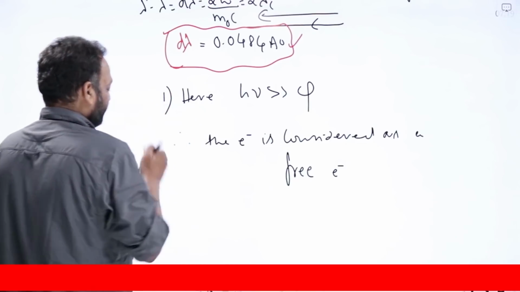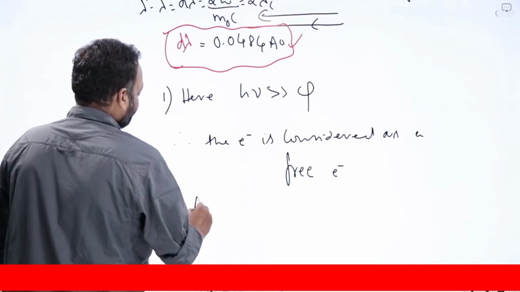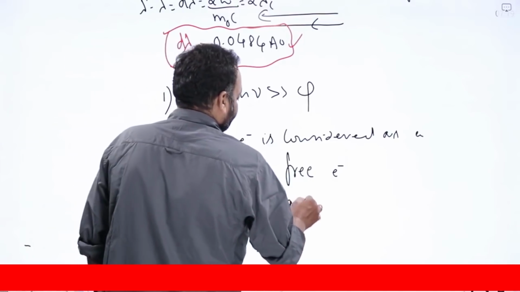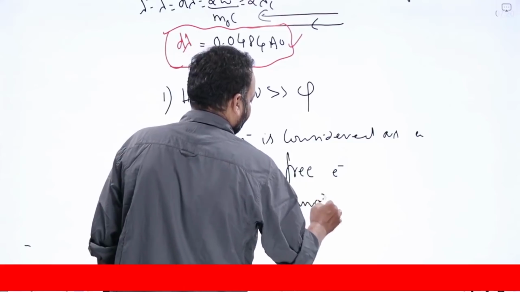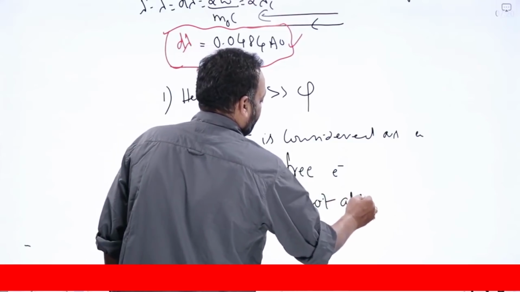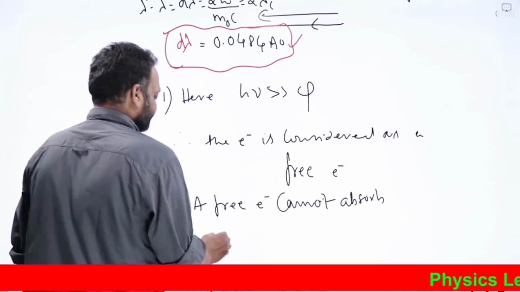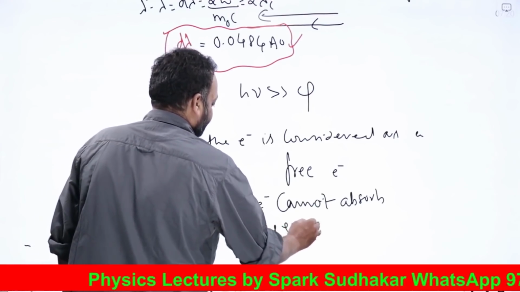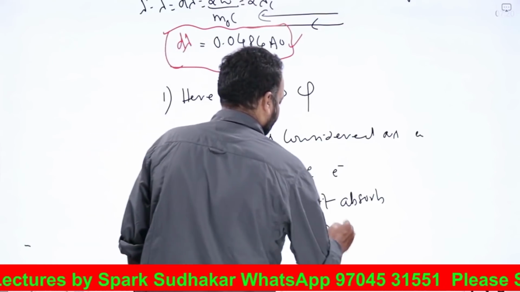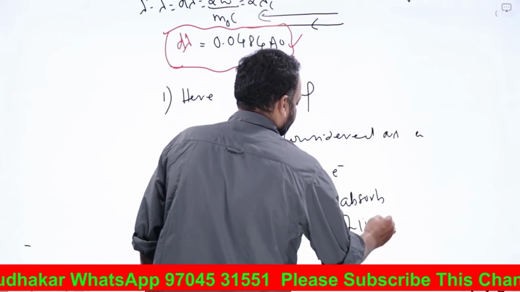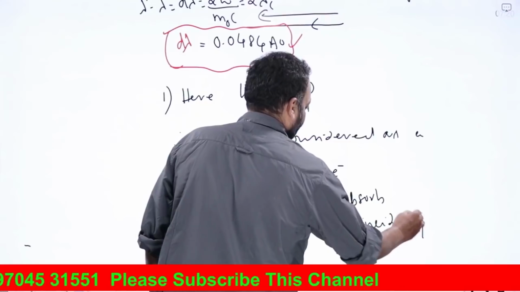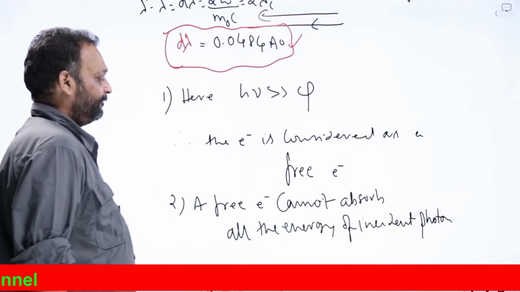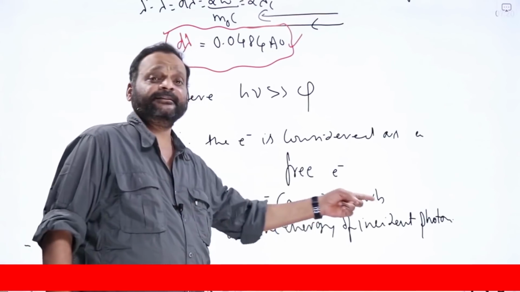Now, second point is, a free electron cannot absorb all the energy of the incident photon. This is an important point. Free electron cannot absorb all the energy of the incident photon.